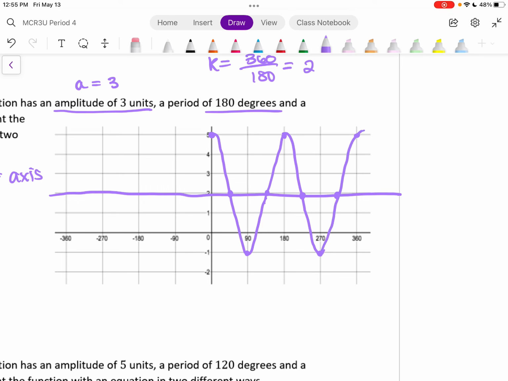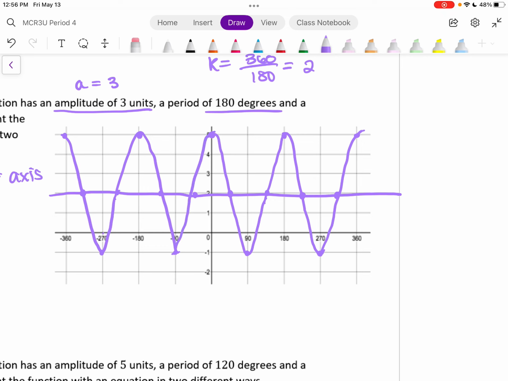So I'm going to go minus 45 here, and continue minus 45 each time going left. And then I'm just going to go ahead and connect all of these together. Okay, and now I have my cosine function.